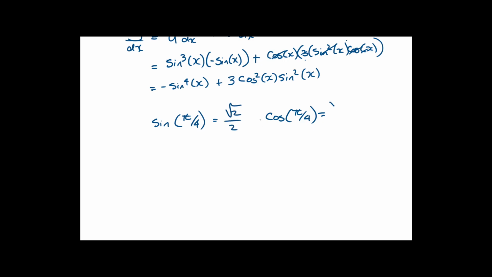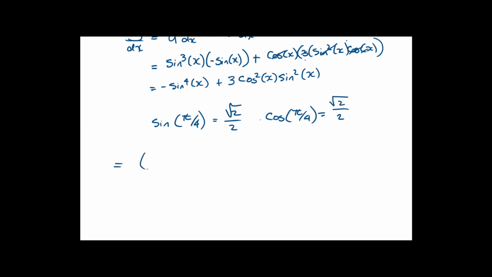And I remember it because cosine of pi over 4 is also square root of 2 over 2. So now we're pretty hanging tough.